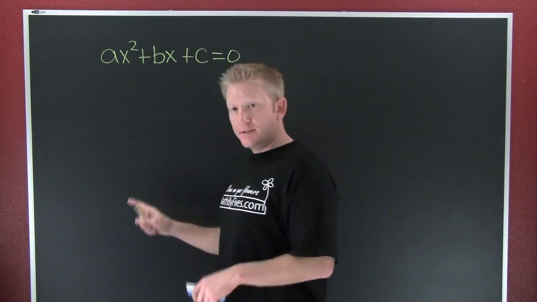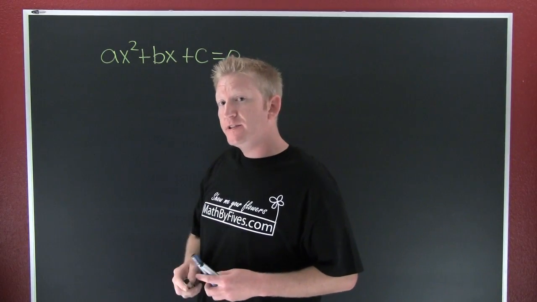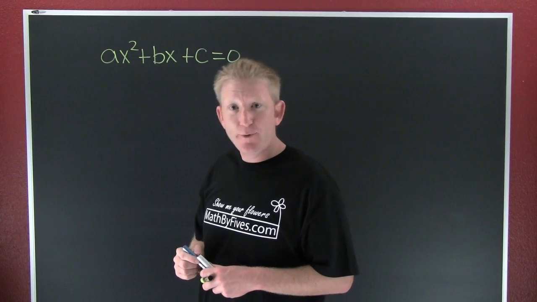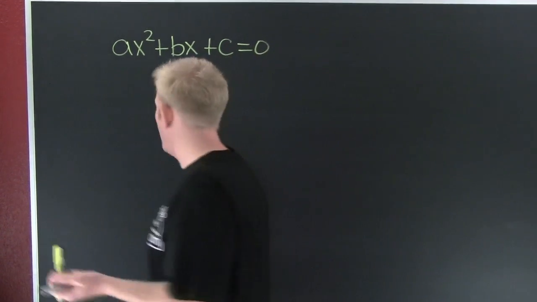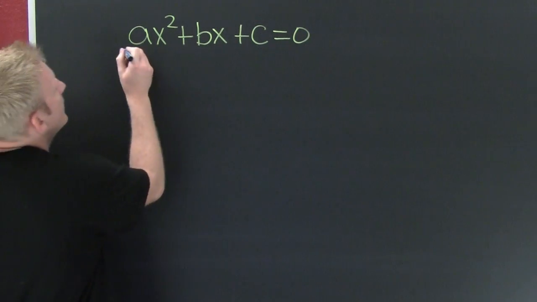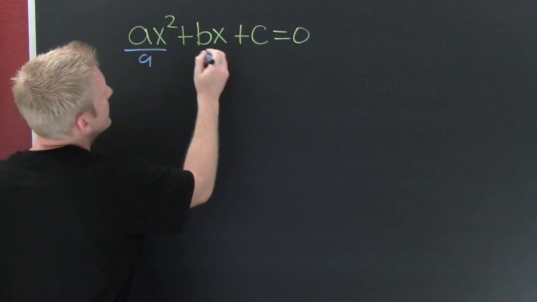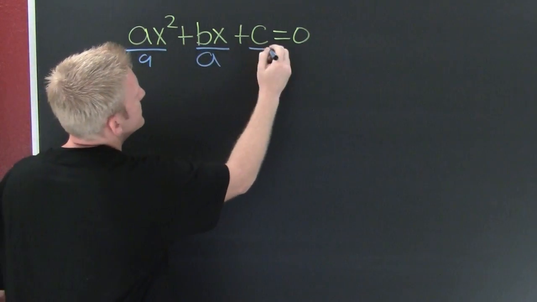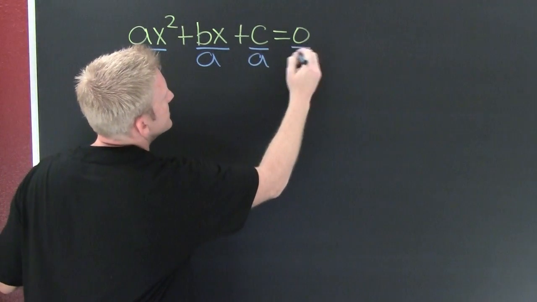So then, I want my leading coefficient to be 1. It's not right now. Right now it's a. We are completing the square on the general quadratic. Divide everything by a.